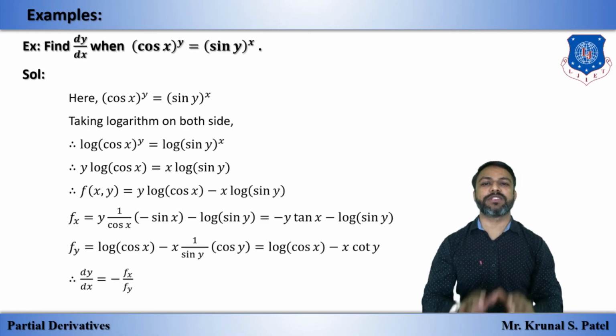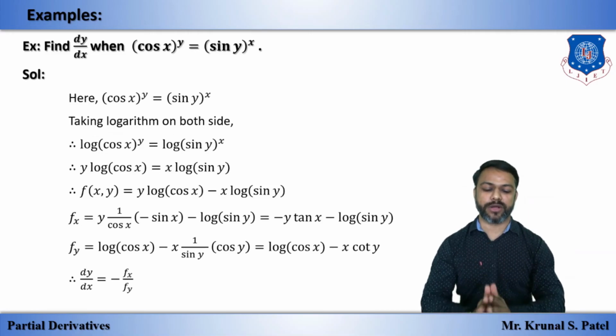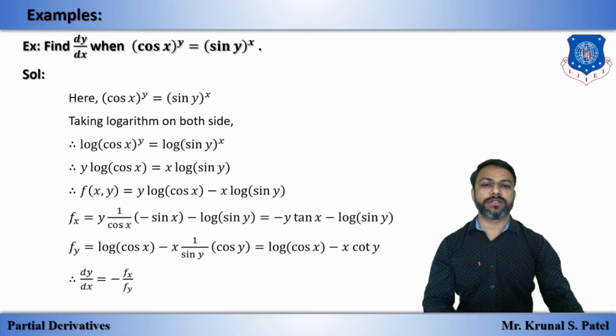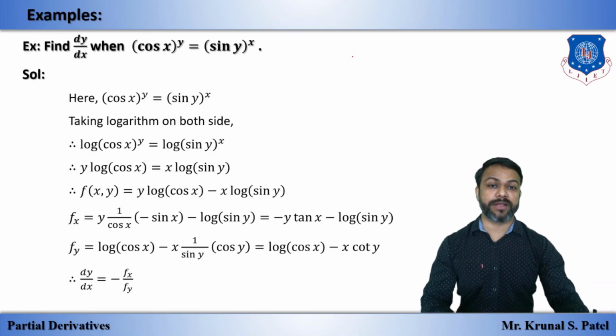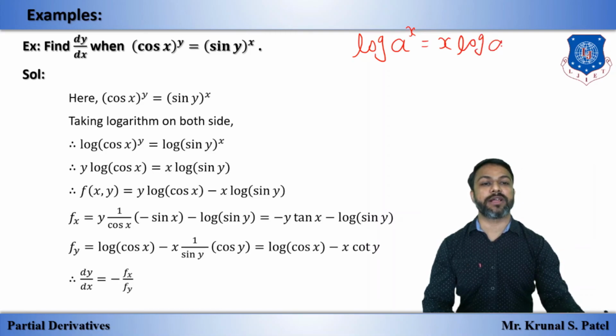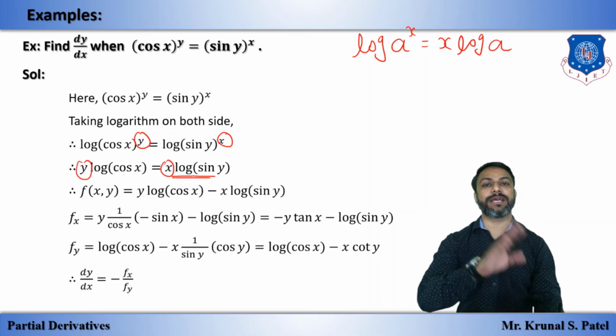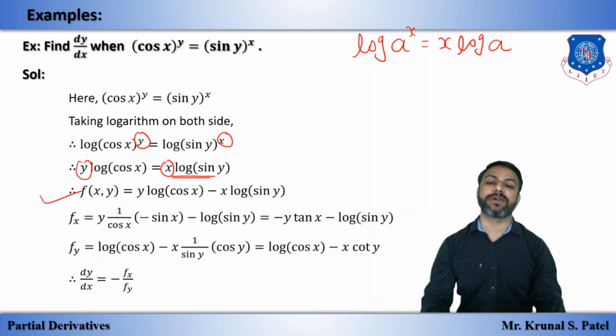Okay, to remove this power and make the given function simple, we take logarithm, and we know one formula of logarithm: log of a raised to x is equal to x log a. So this y and this x come forward, and by taking this term on the left hand side we have f of x, y.